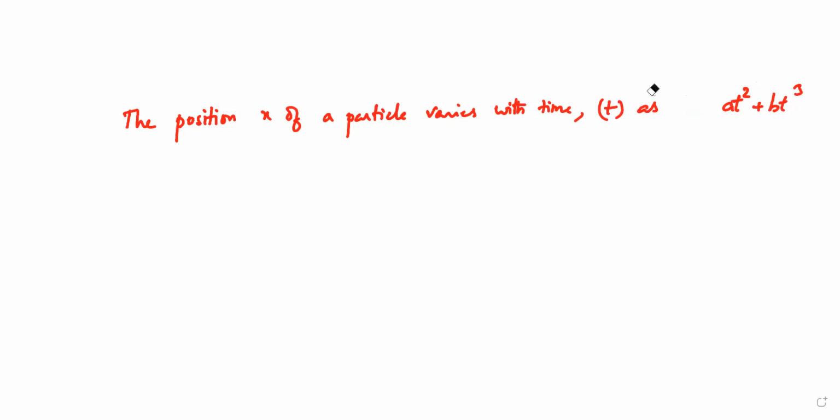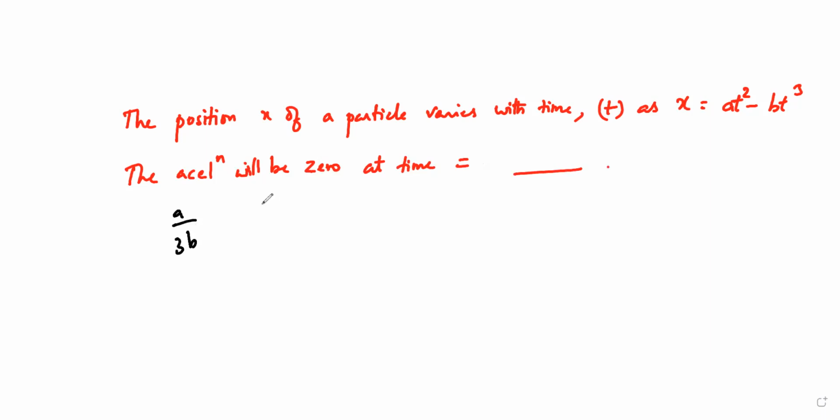Take it as minus: x is equal to at square minus bt cube. The acceleration will be 0 at time t equal to dash. Options are a by 3b, 0, 2a by 3b, a by b.